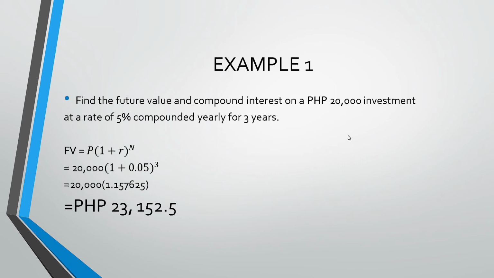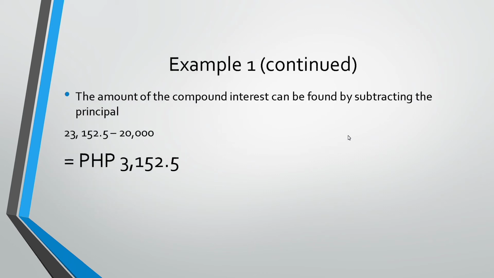Now we're going to find the compound interest by subtracting the principal value, which is 20,000. Therefore, 23,152.5 minus 20,000, the answer is 3,152.5 pesos. Alright, so let's move to our example number 2.